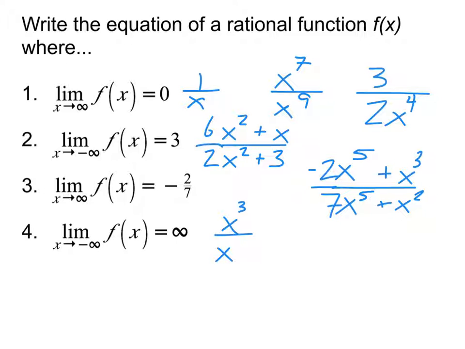And so then I might change my x cubed over x squared into just x cubed over x. Because that is then an up for its end behavior. Something along those lines. The other way you could have done it is you could have done it with x squared, but then made it negative. Because that has an end behavior of down, down. So lots of different options for how you could have done any of these.